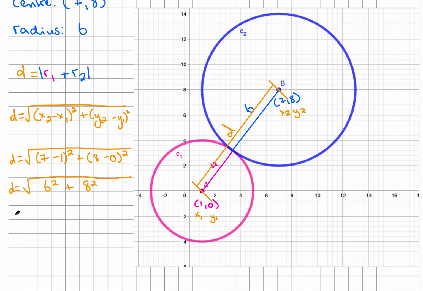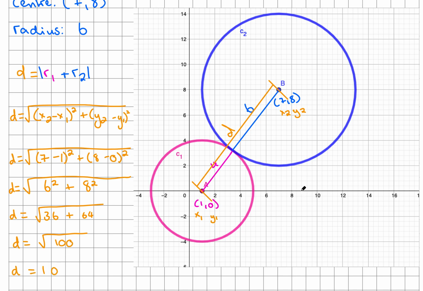That gives the square root of 36 plus 64, so the distance is equal to the square root of 100, which is 10.